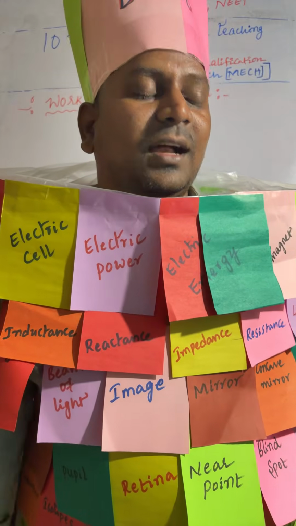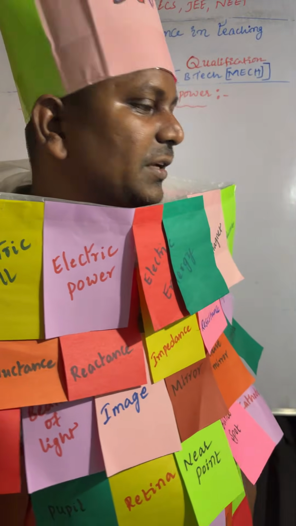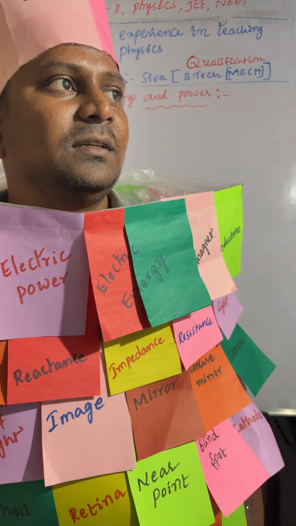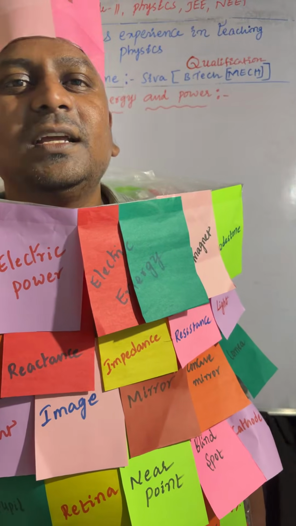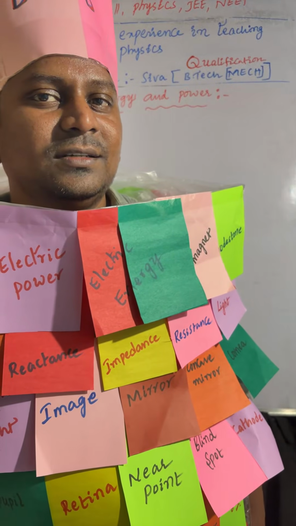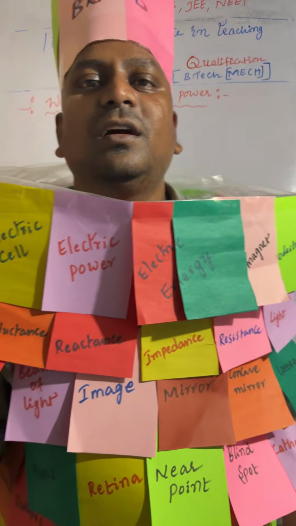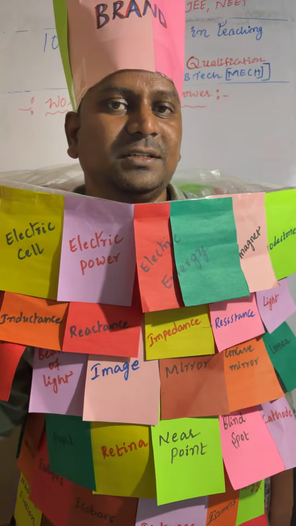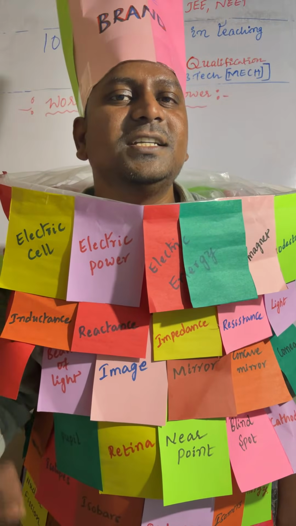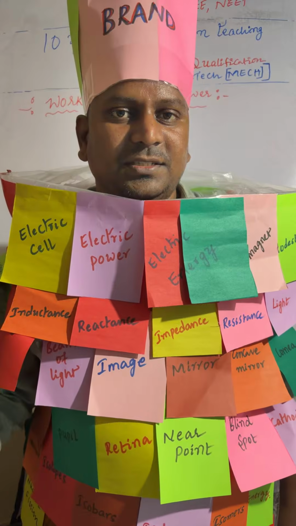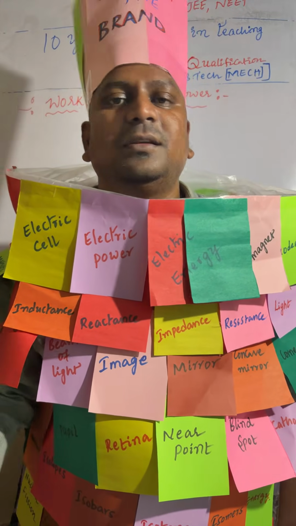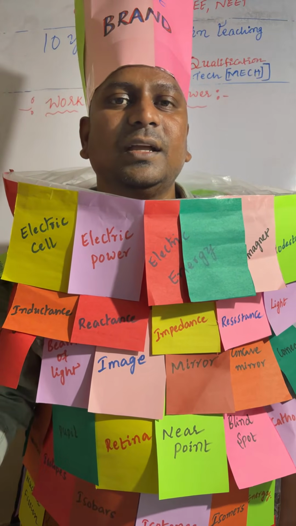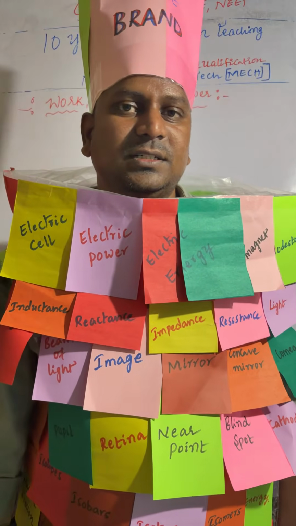So what is work? When we apply force and the object moves from one point to another, or simply the object is displaced from one place to another place, that is called work.